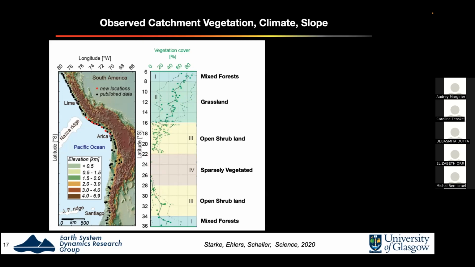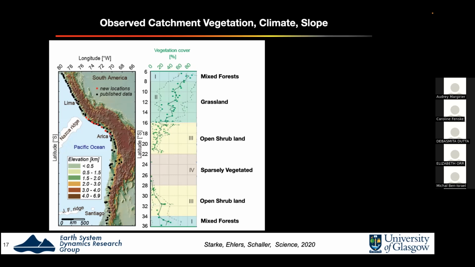And what you see is how the different ecosystems mimic what's happening with latitude. So you go from heavy vegetation in the north, progressively decreasing when you hit the sparsely vegetated Atacama region, and then increasing again towards the south.